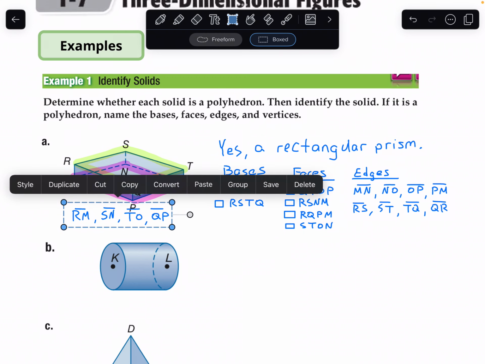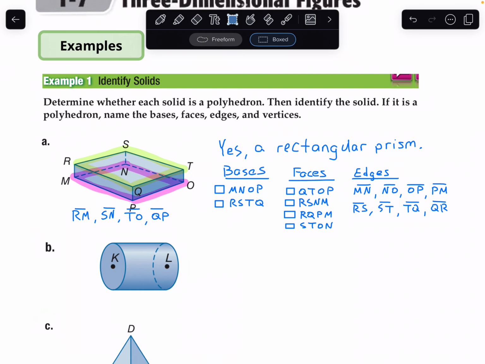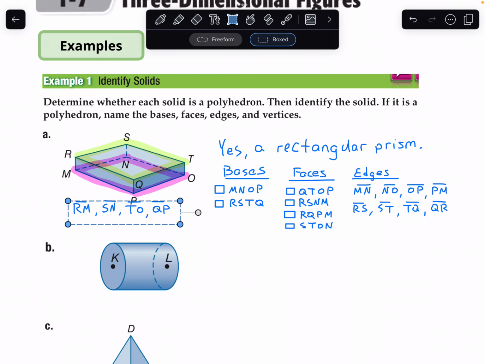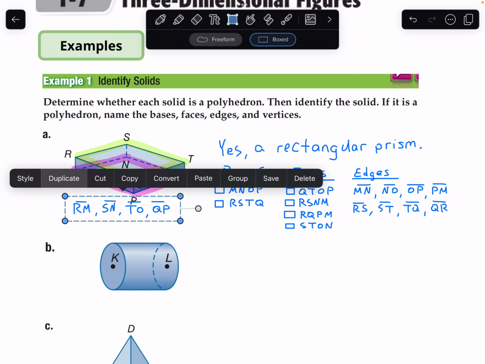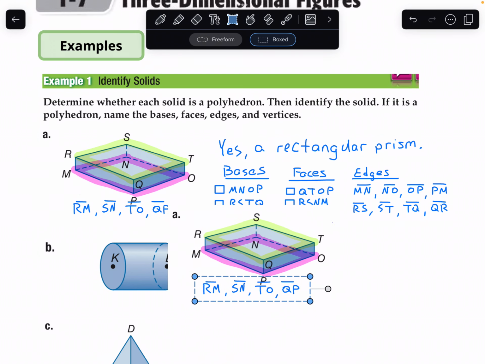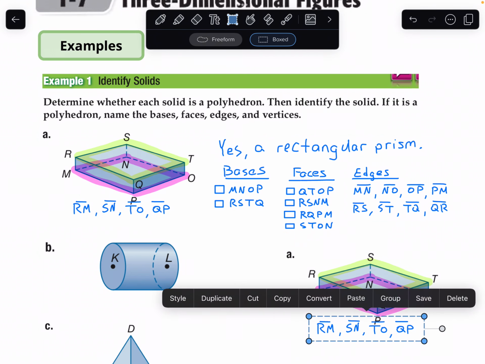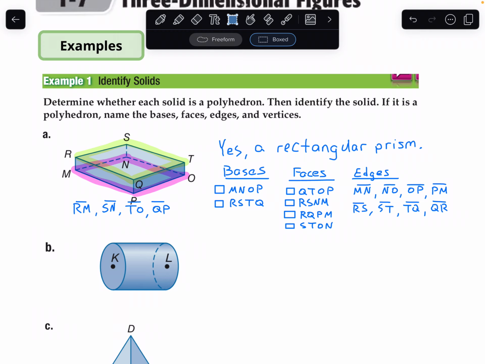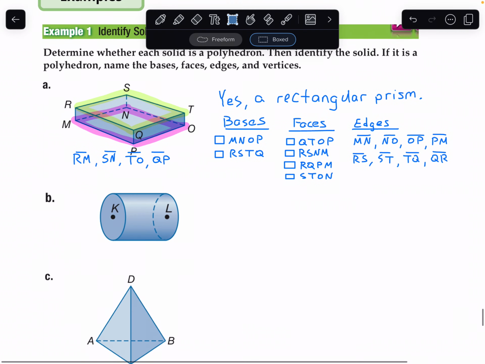Is there any way I can grab only the writing? I don't think so. Duplicate. And cut, and it took all the writing with me. Well, you get the idea. We'll clean that up later.